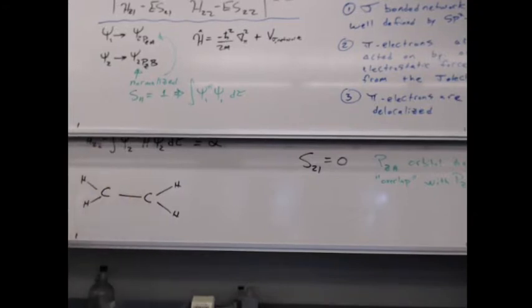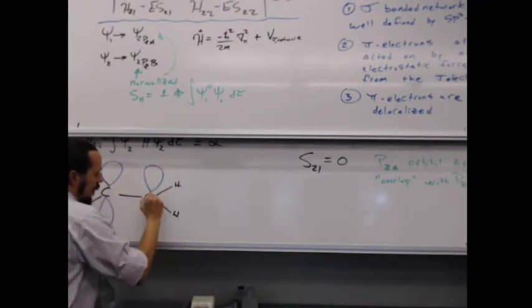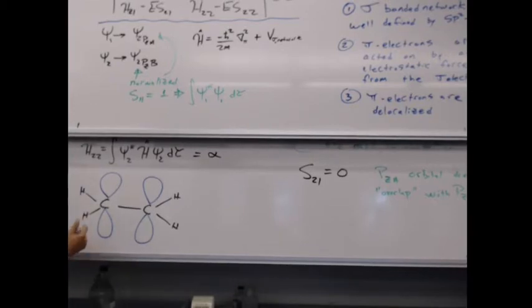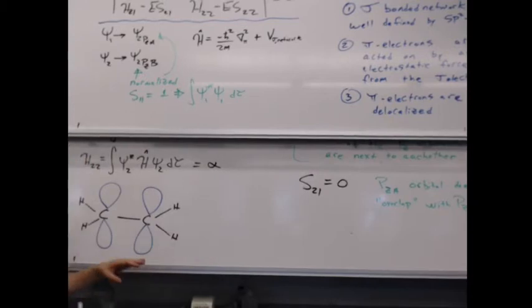That's the sigma network in black there. And that's going to be my p orbitals. And this idea that this is equal to 0 says that these two things don't overlap. This is kind of an old approximation we don't actually use anymore.